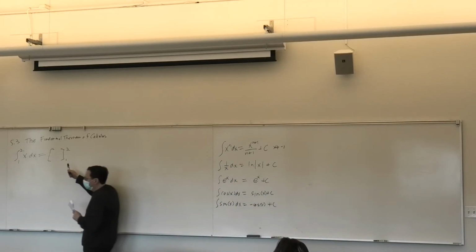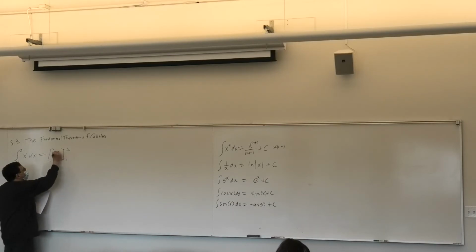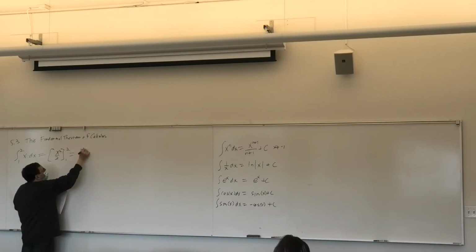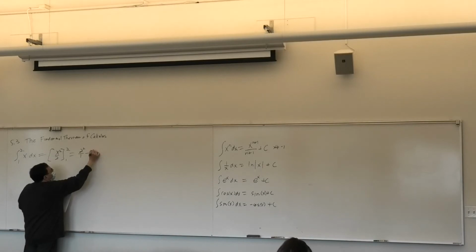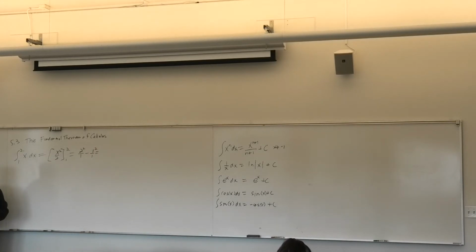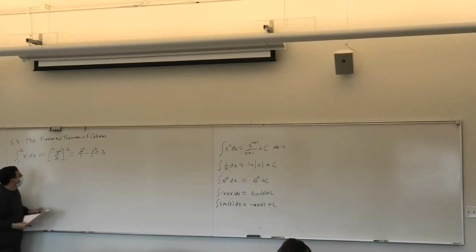Okay, we have a solution here. What's the antiderivative? X squared over 2. Okay. And what do we get? We get 3. Okay, that's real basic. A nice easy antiderivative.